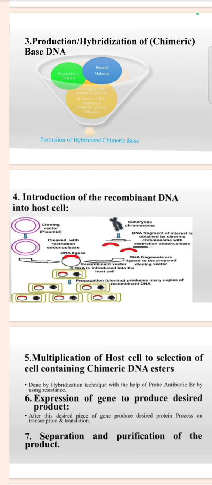The cell that receives the foreign DNA is called a transformed cell, and this process is known as transformation. Transformation is a process of genetic modification in which fragments of DNA from one cell enter and get integrated into the DNA of another cell. The DNA is introduced into the host cell by any one of the following methods: transformation, microinjection, electroporation, shotgun method, and liposome-mediated fusion.